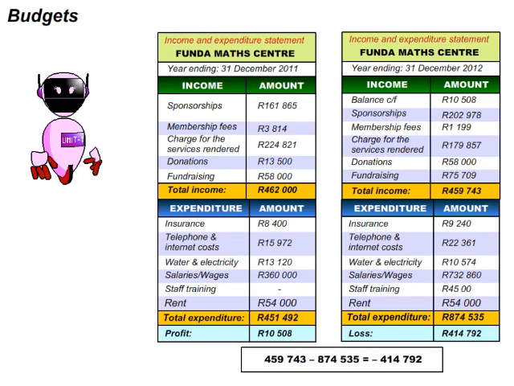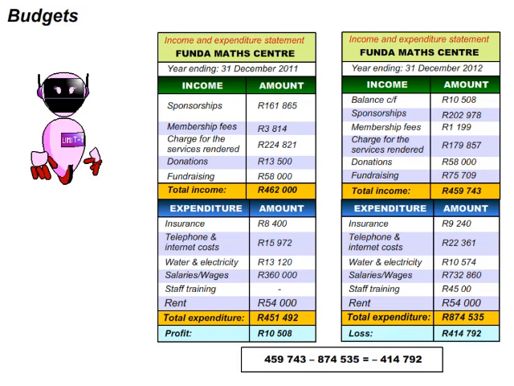In 2011, the club spent 15,972 Rand on telephone and internet. In 2012, they spent 22,361 Rand, which is 40% more. They need to stop using the internet so much and stop abusing the work telephone.